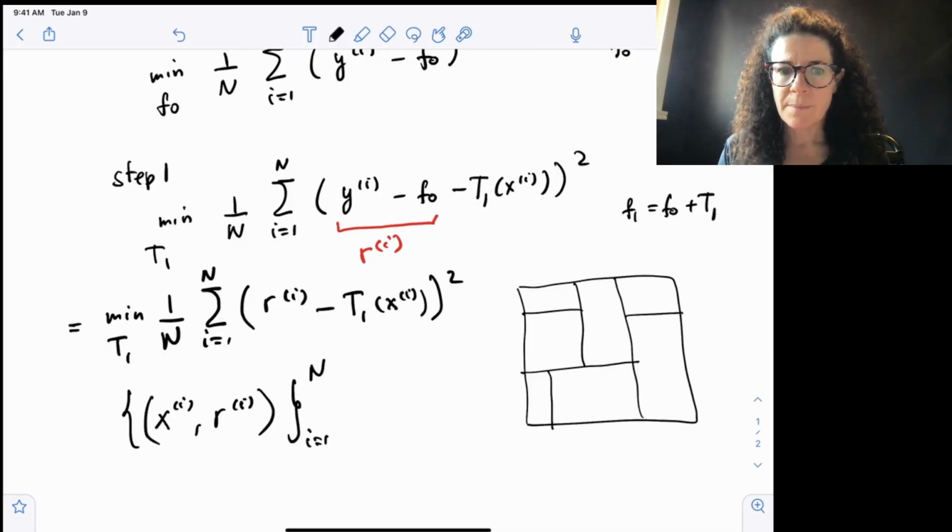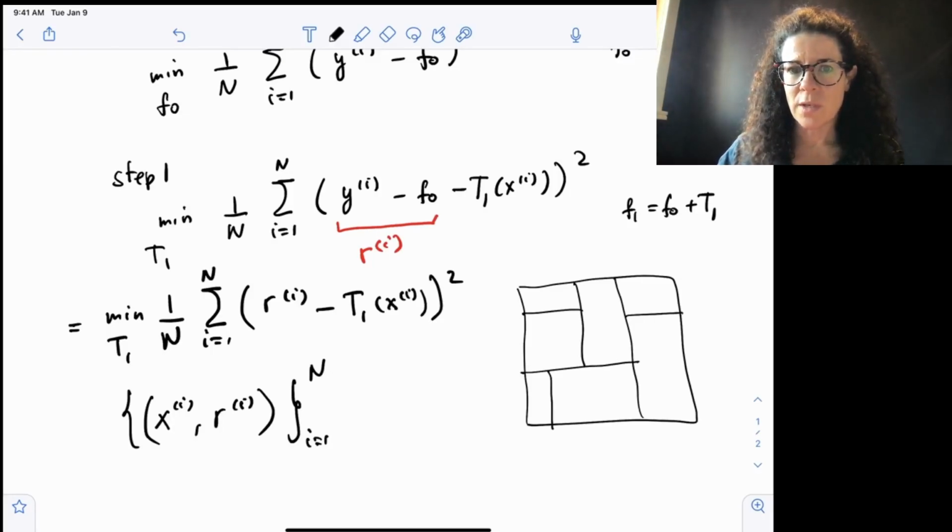Does it make sense? So basically the solution for this problem, for this stagewise greedy fitting that we are doing, is basically fitting decision trees to the residuals, right?